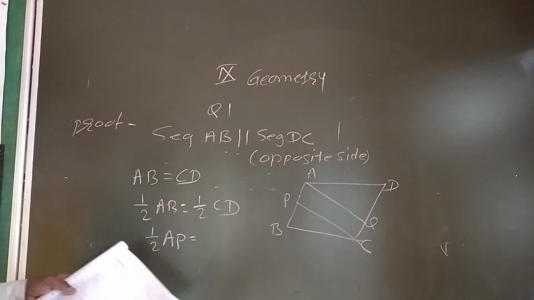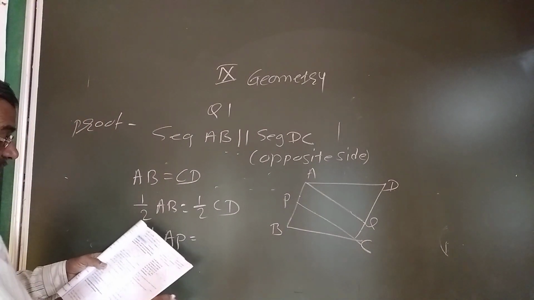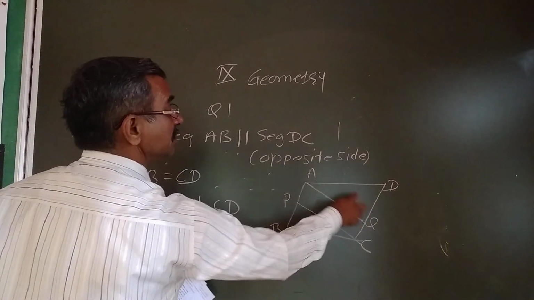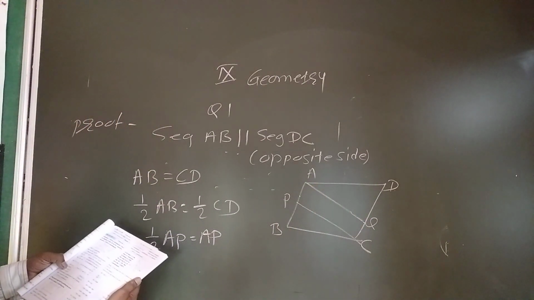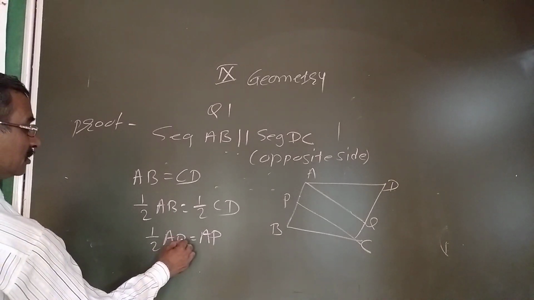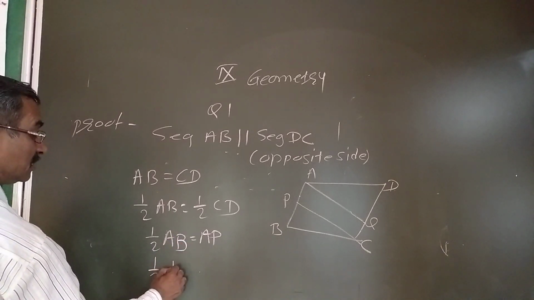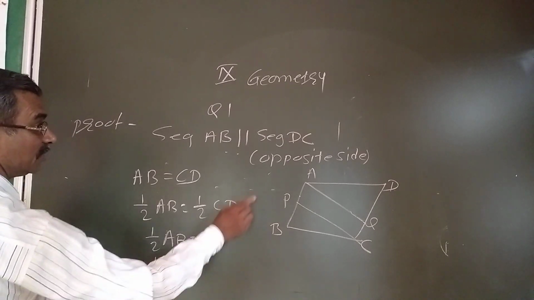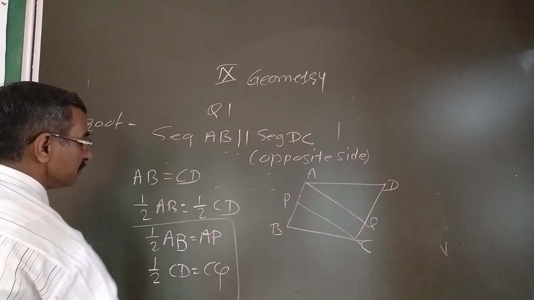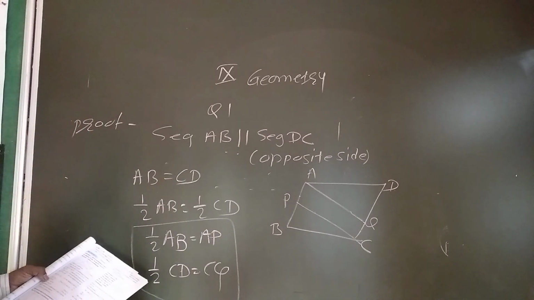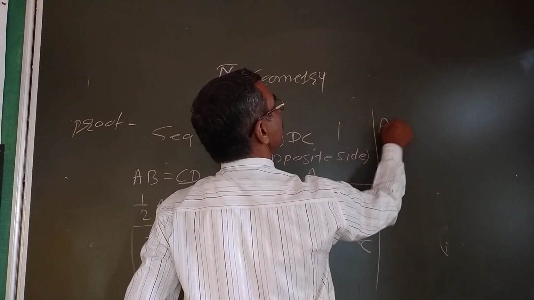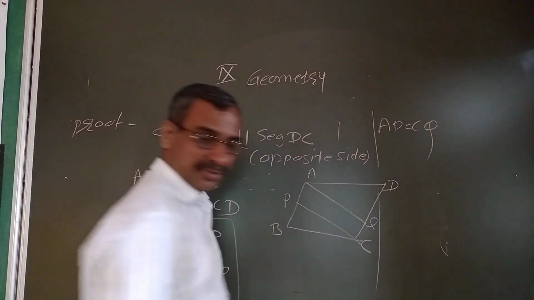So half of CD is equal to AP, and half of CD is equal to CQ. So by using both, we will get AP is equal to CQ.